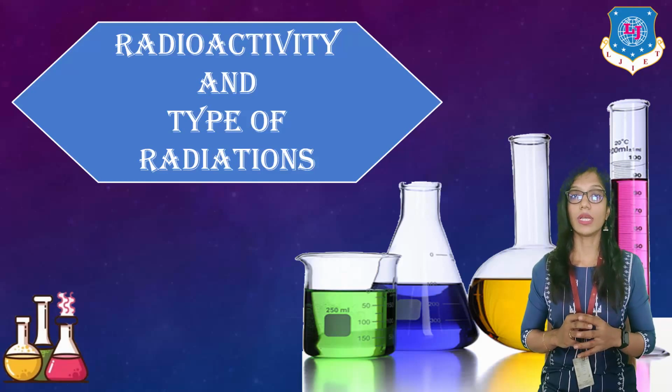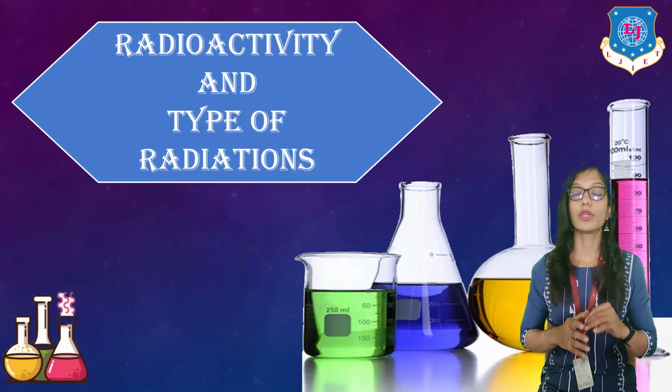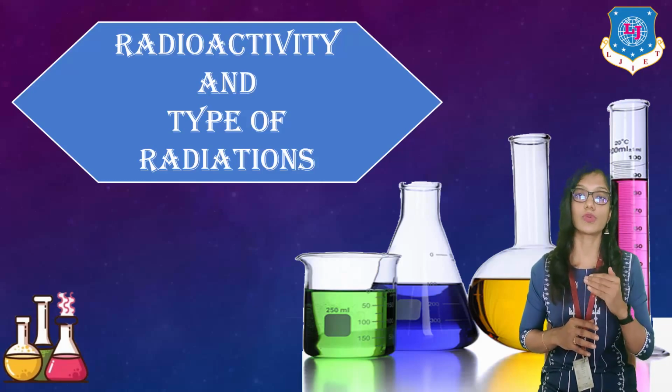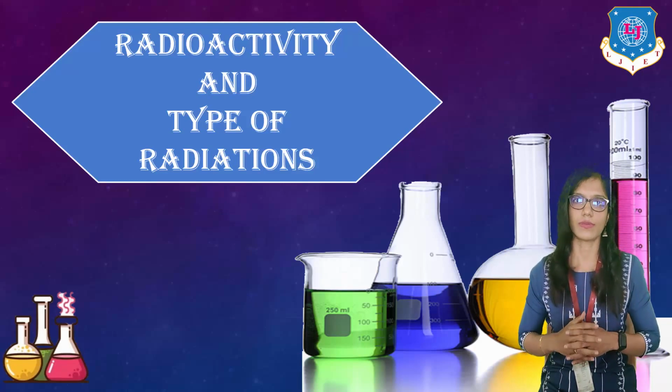It will release a huge amount of energy in the form of particles or radiation. That phenomenon is counted as radioactivity. Depending upon the type of nucleus, the number of protons and neutrons present inside it, we will have different types of radiations, right?